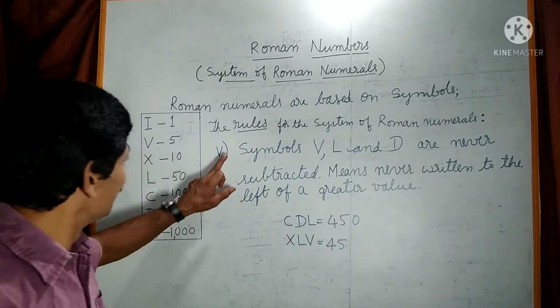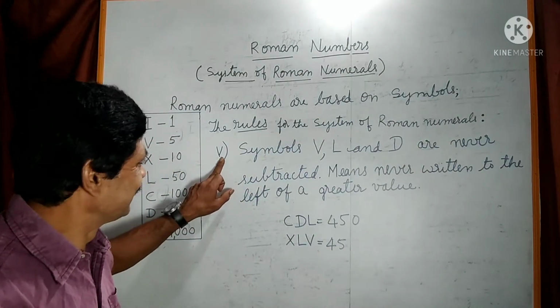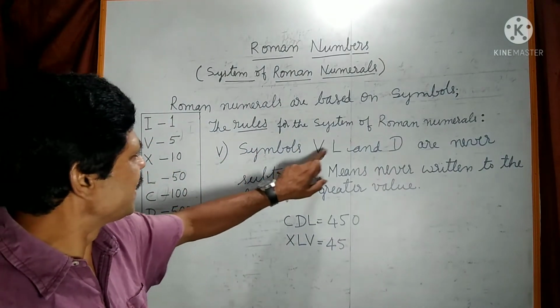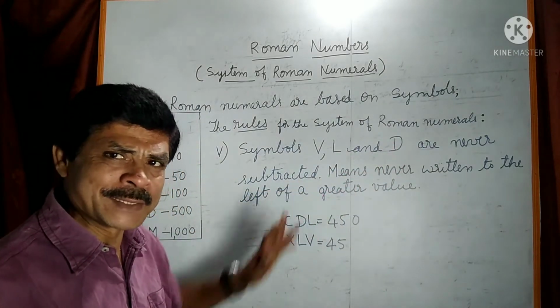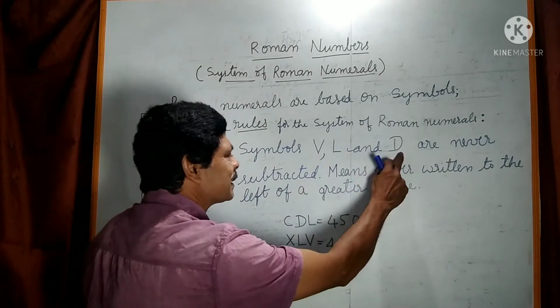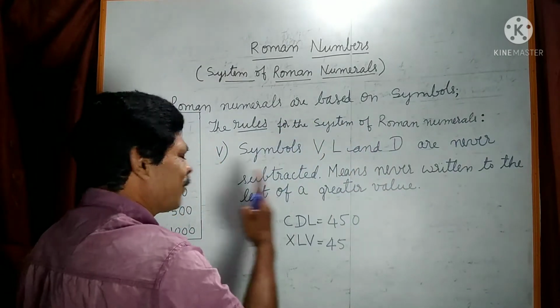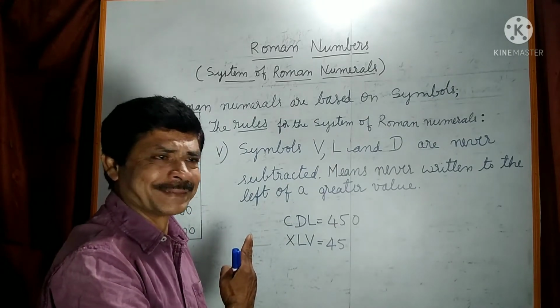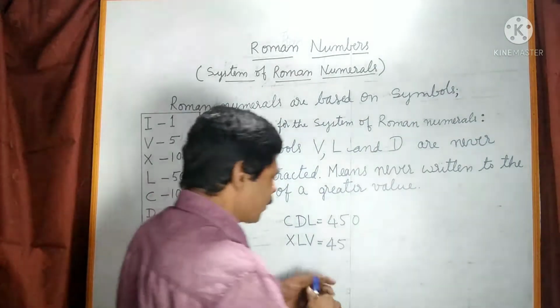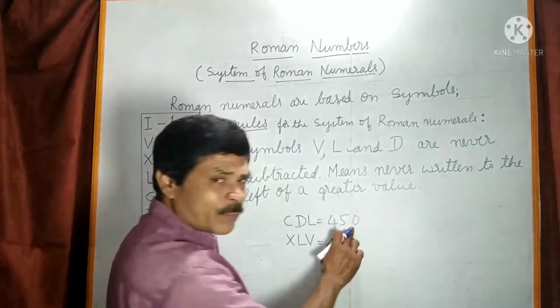Now let us go to rule number 5. Symbols V, L and D are never subtracted. Means these symbols are never written left of the greater value symbol. Okay? For example, we will see 450. This is the 450.